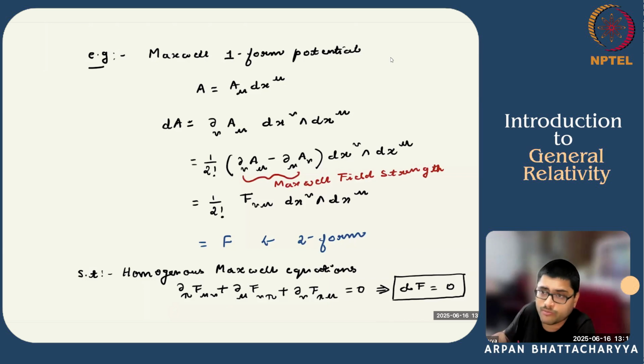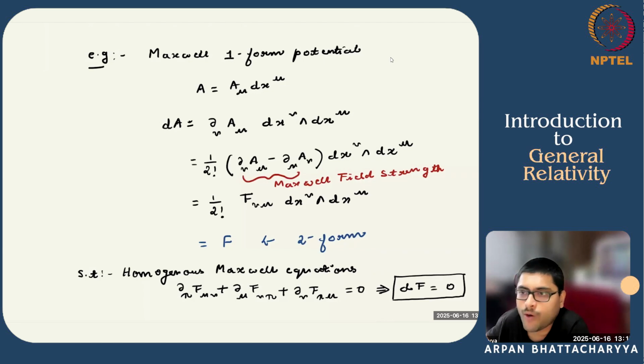We'll discuss it a little more later on, and you can recast those Maxwell equations neatly in terms of this equation, dF equal to 0. Please try to do so by yourself, but we will come back to this equation when we covariantize Maxwell's equations in the subsequent lectures.